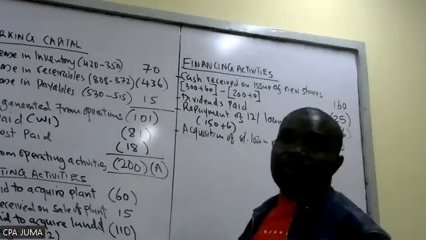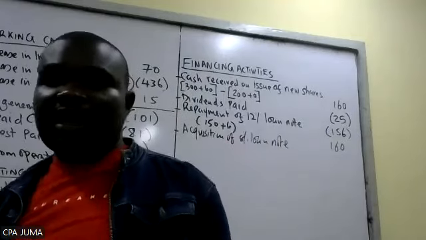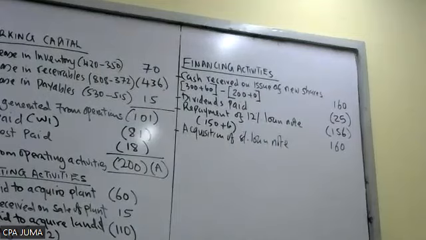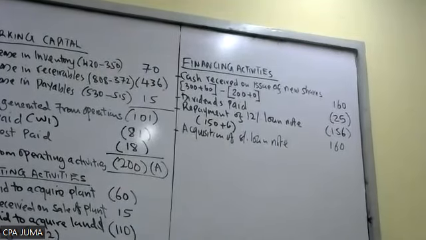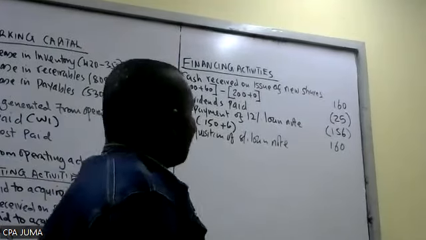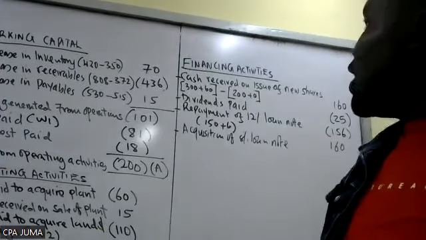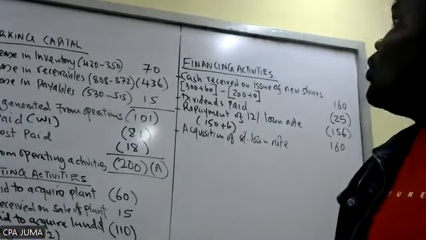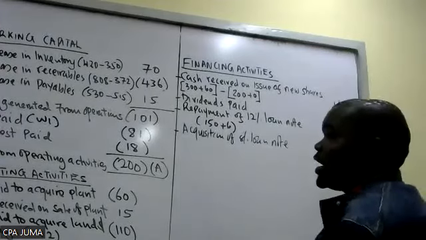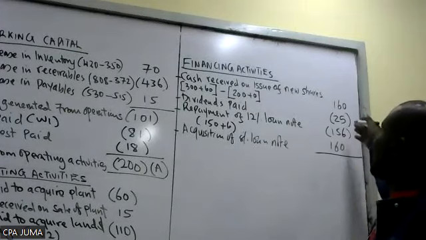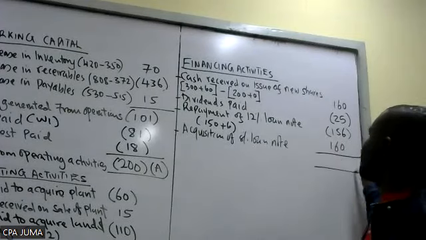That is cash inflow. They received money because at the beginning they had no loan. At the end of the year we have the loan. So that is cash inflow, and we are done. We are done with financing activities. So can you call it C?